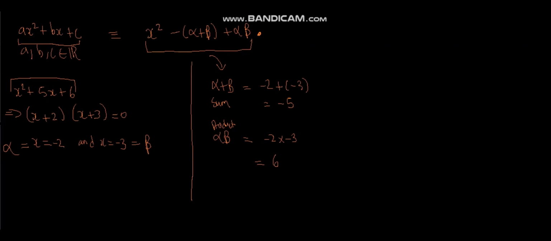So using this now, we have x squared minus 5, the sum of the roots, alpha plus beta, this term here, x plus alpha beta, which is the 6.